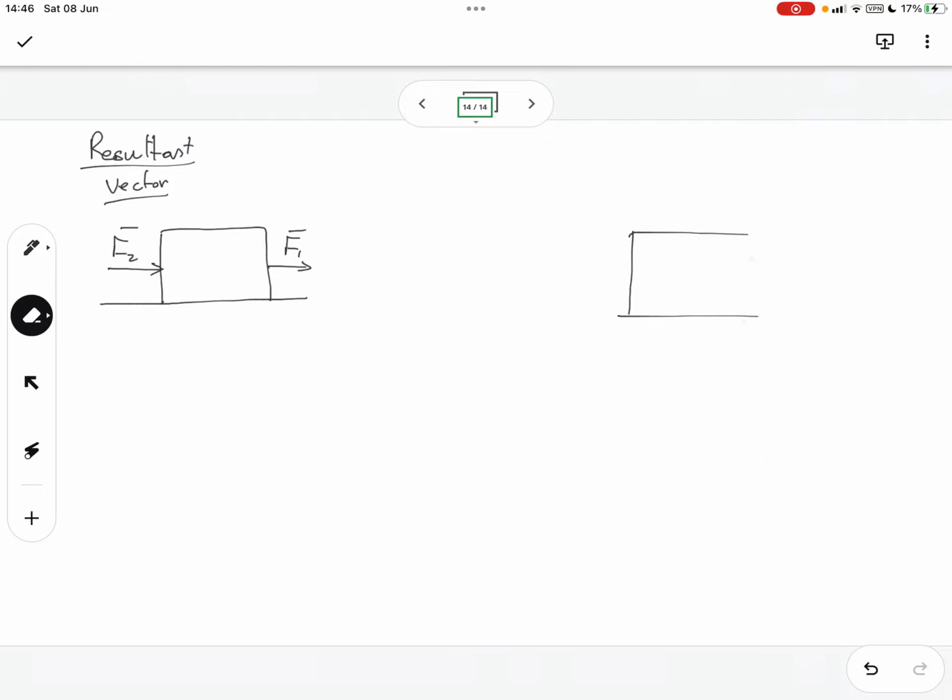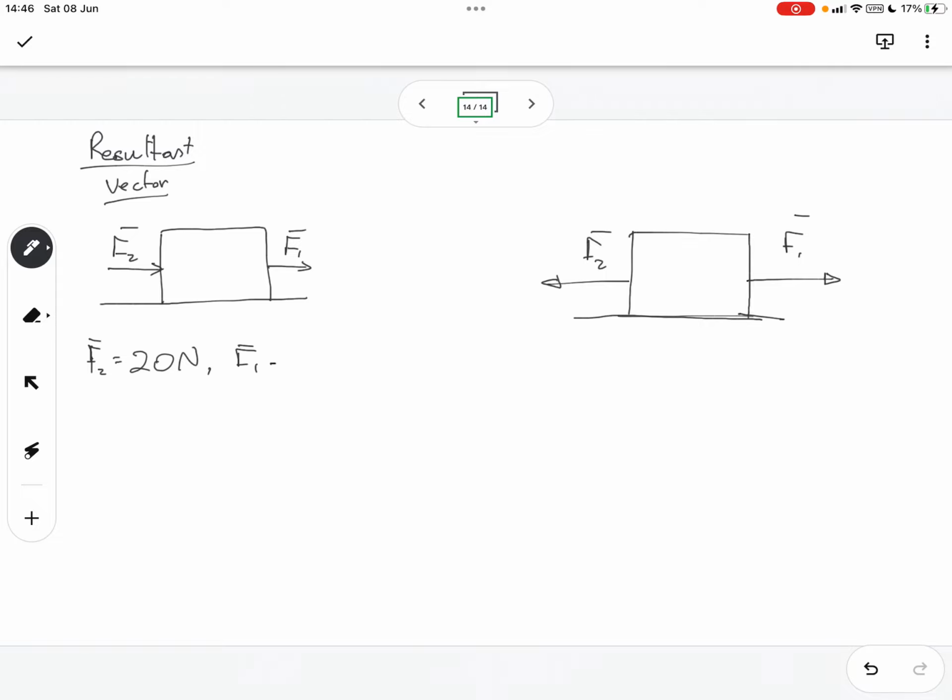So let's look at block number 1, which is being pushed and pulled in the same direction, F2, F1, and scenario 2, where we've got a block, let's say the same block this time because they look like they're the same size. And this time, this one is being pulled that way, and this one is being pulled the other way.